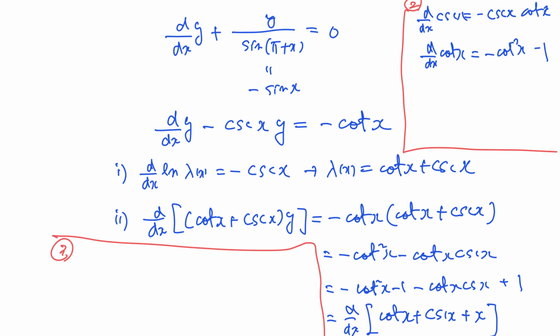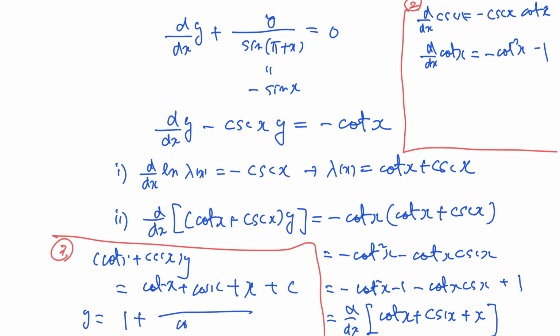So cotangent x plus cosecant x times y equal cotangent x plus cosecant x plus x plus c. So y is equal to 1 plus x plus c over cotangent x plus csc x.